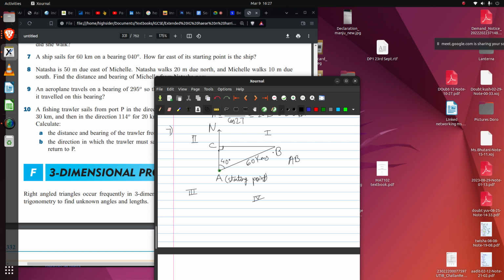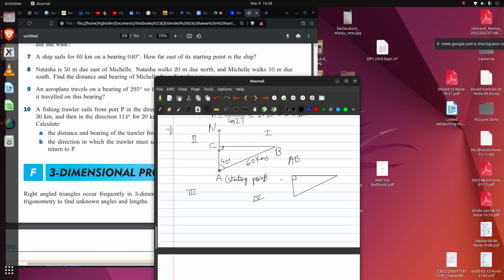Okay. And you know what they are asking? So it says how far east? How far is? So east would be, like in a compass, east. It's simple. Like you have a triangle, no? They are asking which side of the triangle you are looking for.